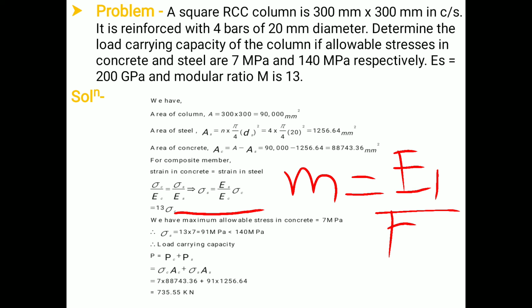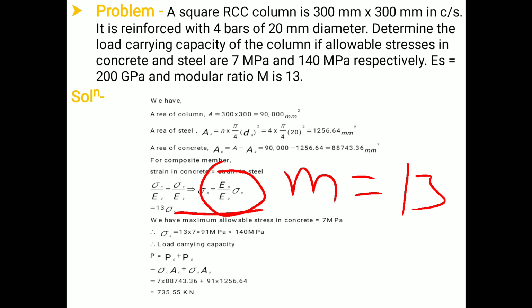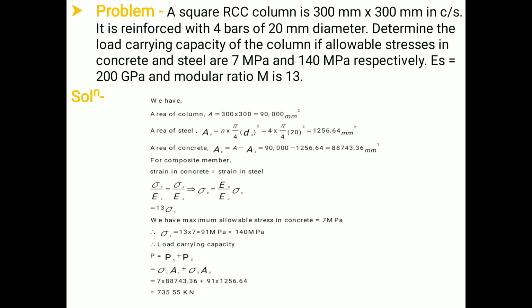The value of the modular ratio is already given in the numerical: M is equal to 13. We put that value into this equation, so sigma s is equal to 13 into sigma c. It is also given that the allowable stresses in the concrete and steel are 7 MPa and 140 MPa respectively.